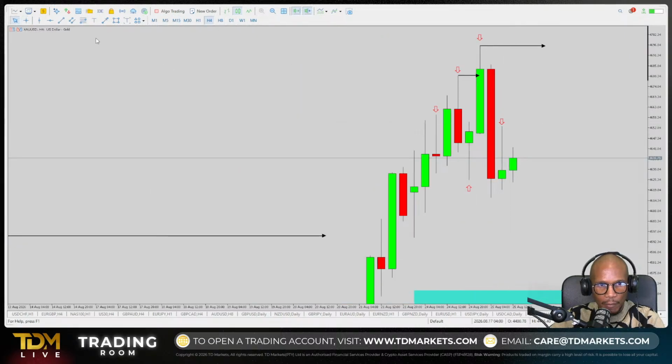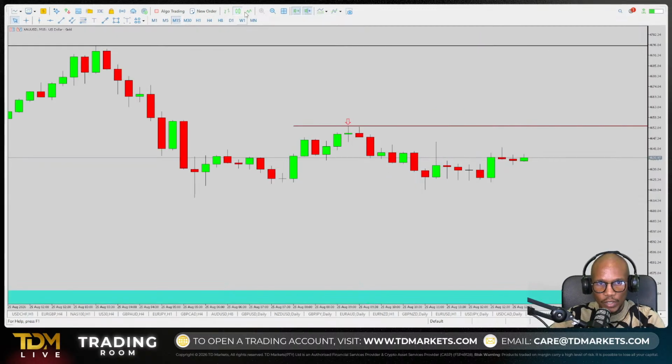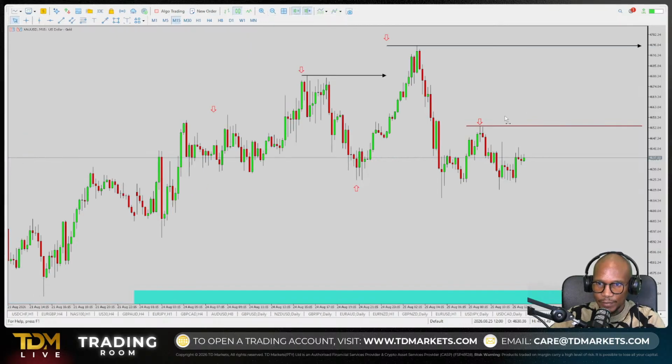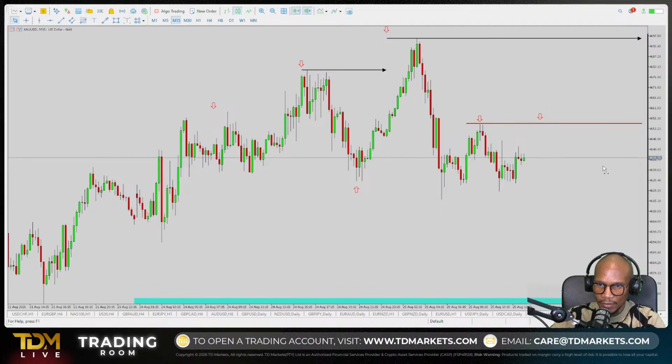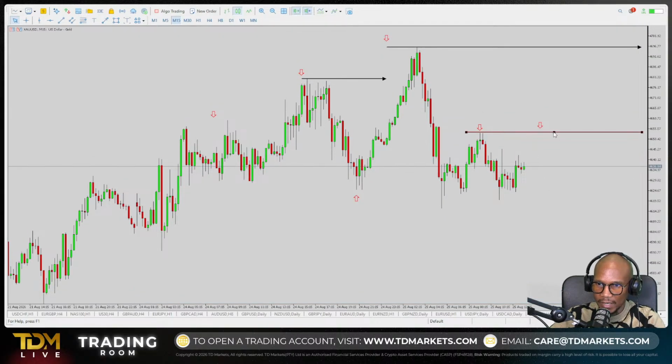I'm going to draw a line there. If you look at this on the M15, another possibility is that the market could come back to tap this high again before it goes down.